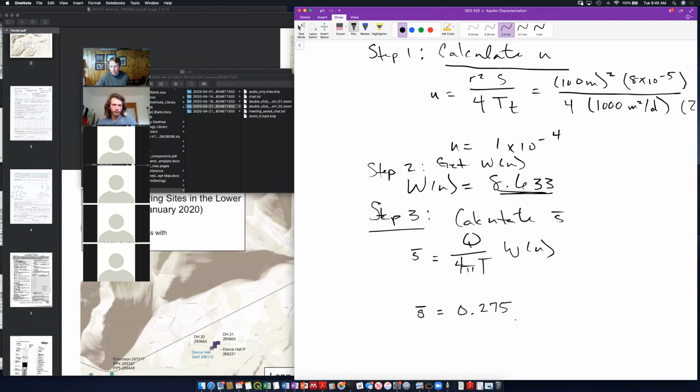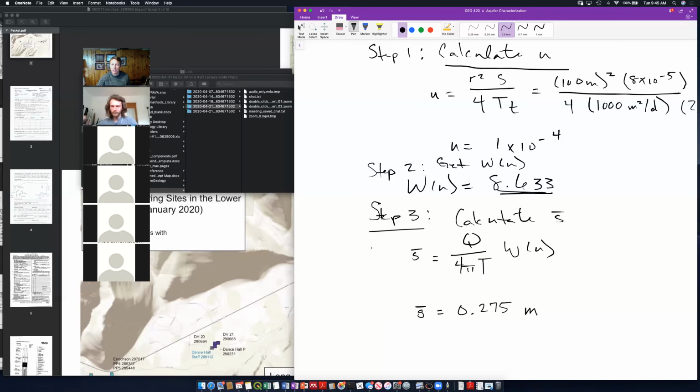Meters. All right, so my drawdown after 48 hours at this well is 0.275 meters, or 27 centimeters. All right.